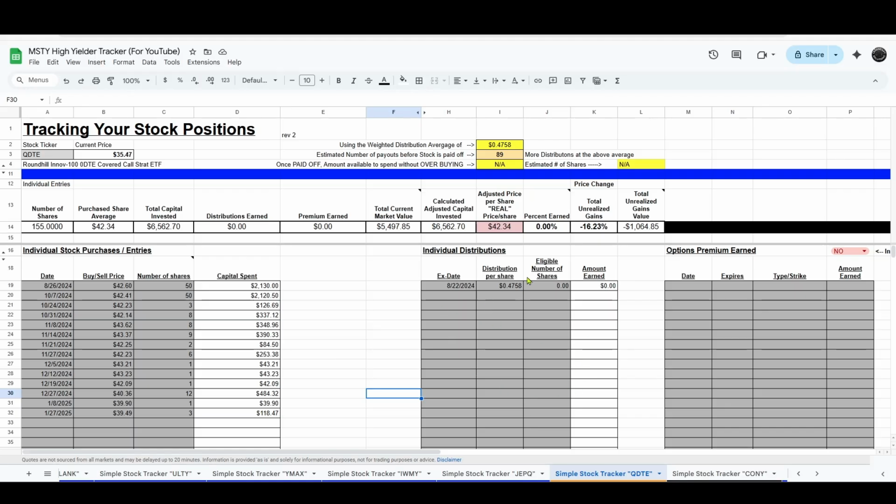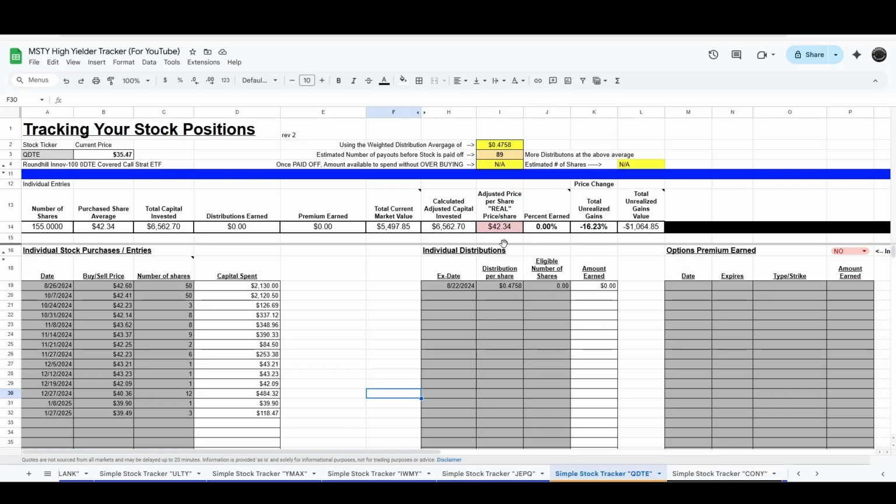So I'm going to enter those distributions, and then we're going to see what that new adjusted price per share is. Because currently it's the same as the purchase price per share because we don't have anything here in the distributions to offset that. So let's enter that and let's just see what my real price per share is at that point.